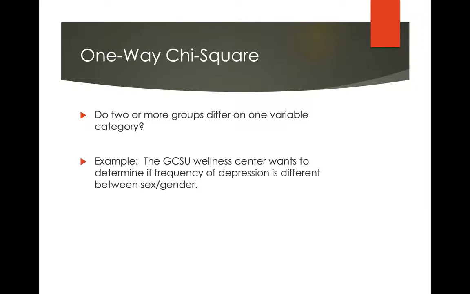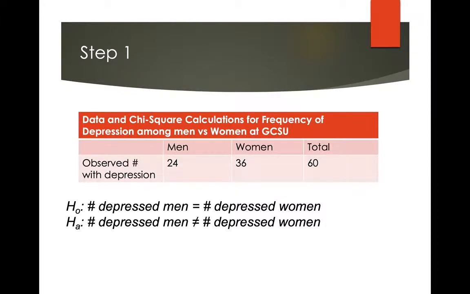For this, we will do a one-way chi-square test. Here is our table. Collecting data from the Wellness Center, we observe that there are 60 persons in total. Here we have 60 persons, and 24 of them are men, 36 are women.